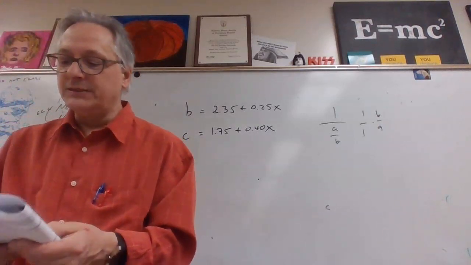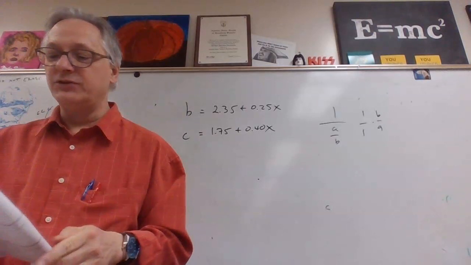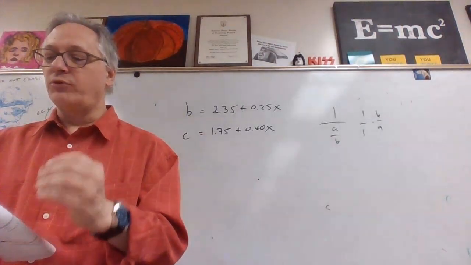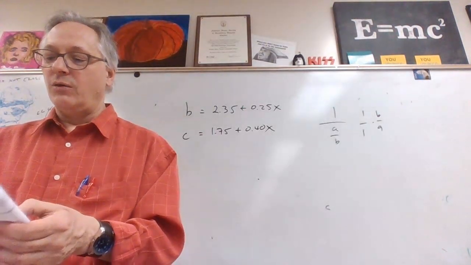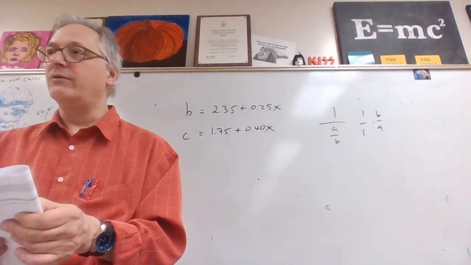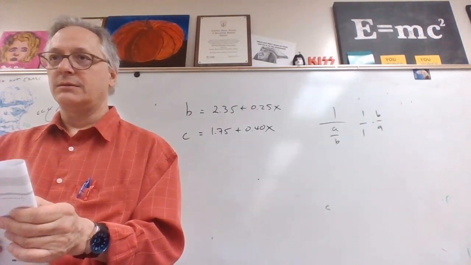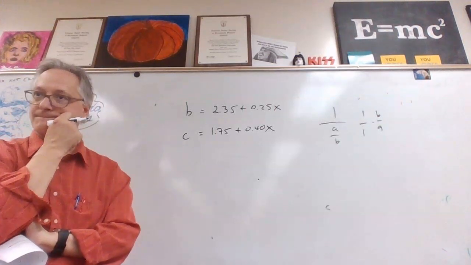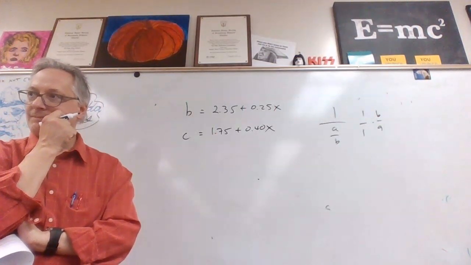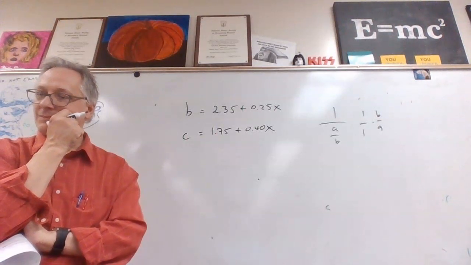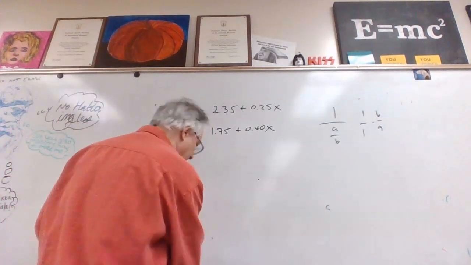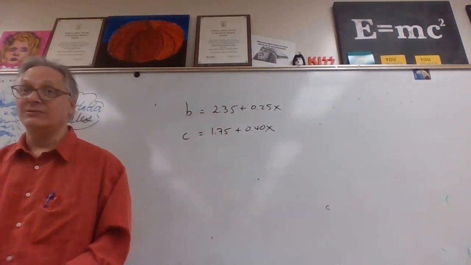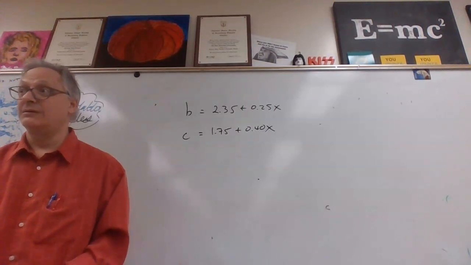It says B and C represent the price per pound in dollars of beef and chicken, respectively, x weeks after July 1st. What is the price per pound of beef when it was equal to the price per pound of chicken? How are we going to approach that? Well, you've got to solve for x, but don't forget what x is giving you. x is giving you a time.